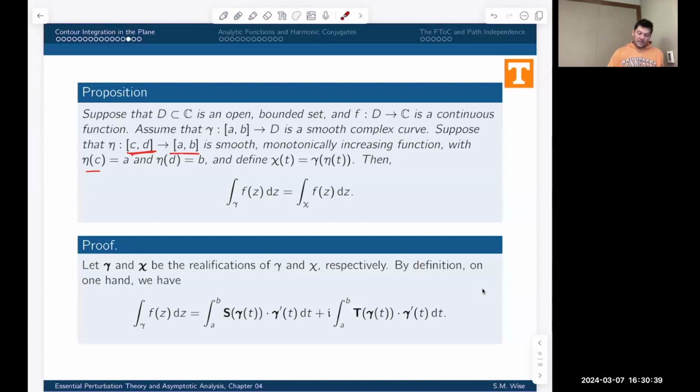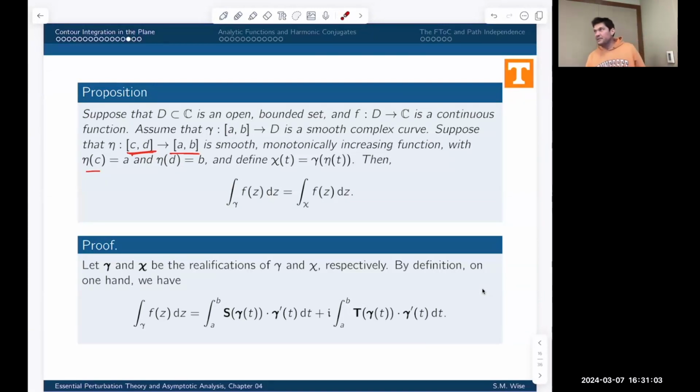So the proposition is that if you integrate f over gamma, then that's exactly the same as integrating over the same contour with the new parameterization. The reason is you're covering the same amount of territory. You're really covering exactly the same contour. So why should the parameterization matter?